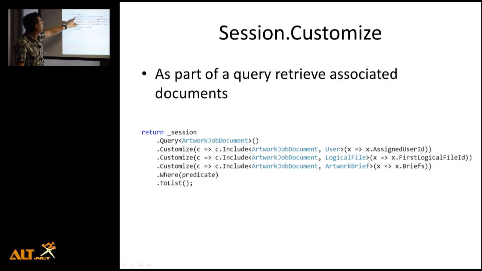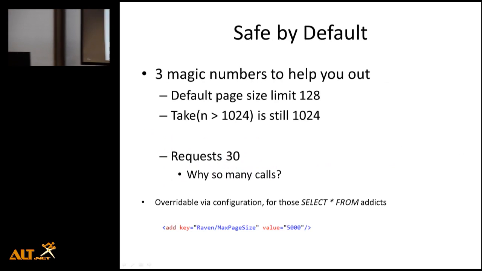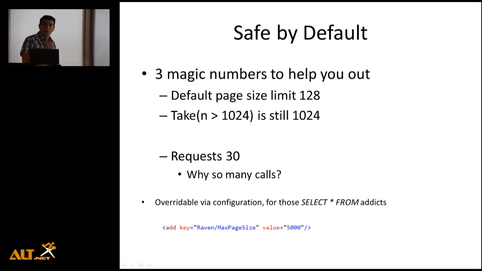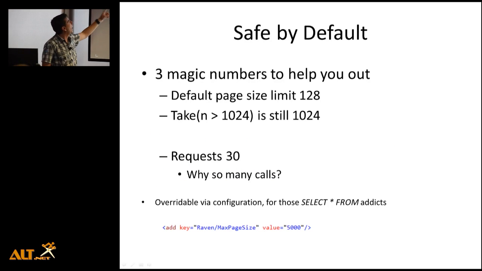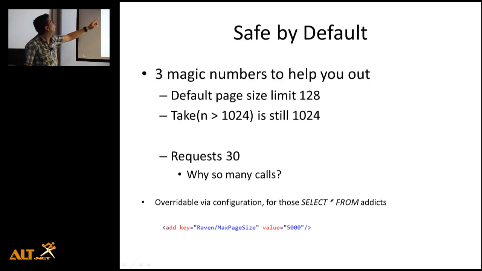This thing will return me, basically, all job documents, and lazily load each of these and bring it to me in one request. Okay, so I just issued the equivalent of select star from against my job documents. Don't do that. But Raven is safe by default.